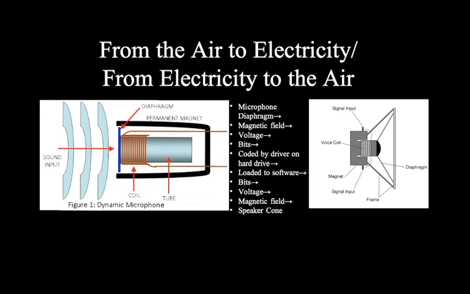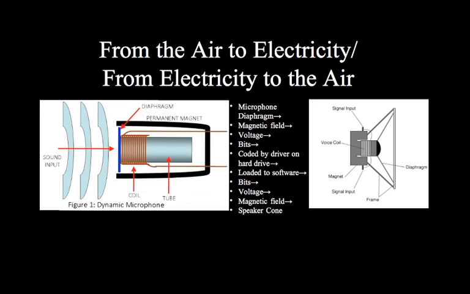There is a driver that is saved onto the hard drive that takes those raw bits and bytes and turns it into information that can be loaded into software, Studio One, for example. You then do whatever you want to that information in Studio One. That then gets turned back into the bits that can be interpreted by the digital to analog converter back into voltage.